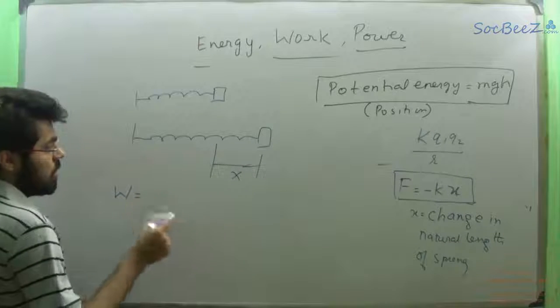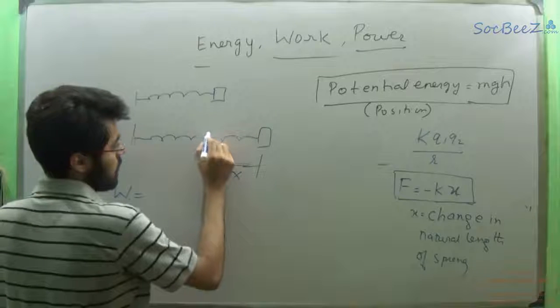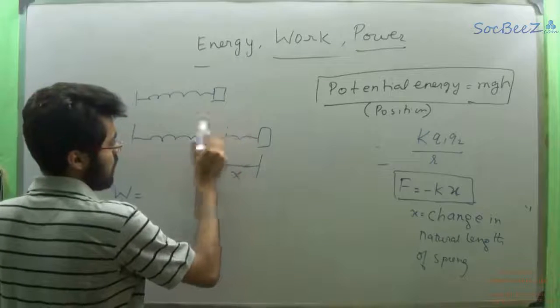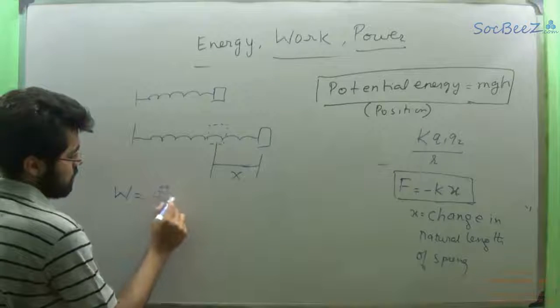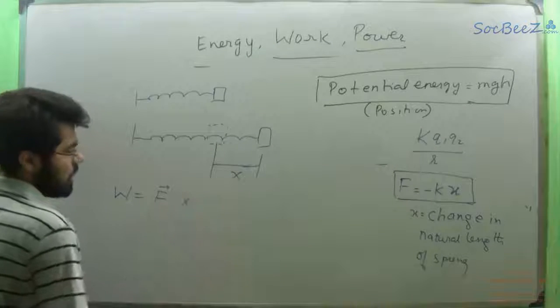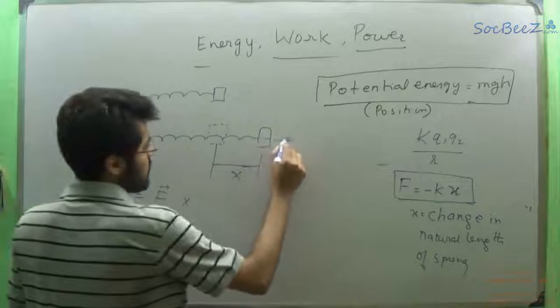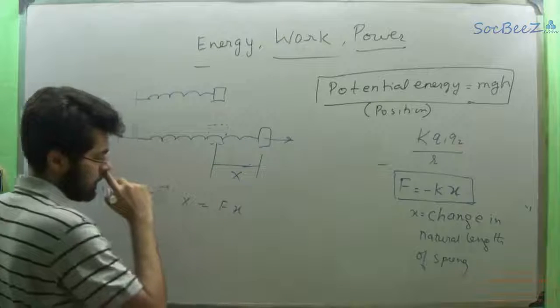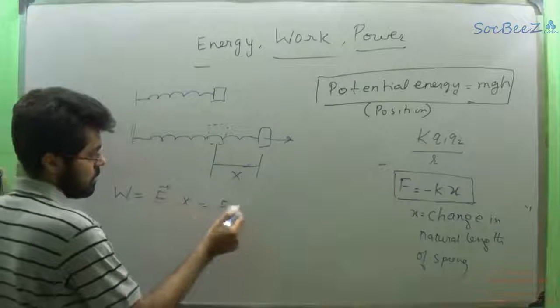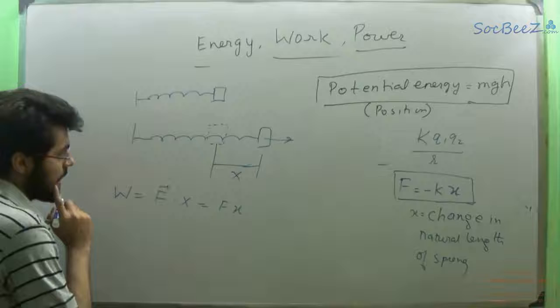Can we ask what is the work done in taking this object from this position to this position? By definition, it should be simply F dot x. The force being applied is in the same direction, so there is no meaning of dot, we can simply replace it by x. And if the force is constant, it's simply Fx.